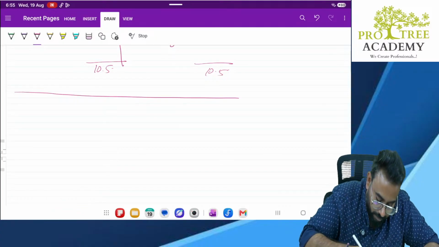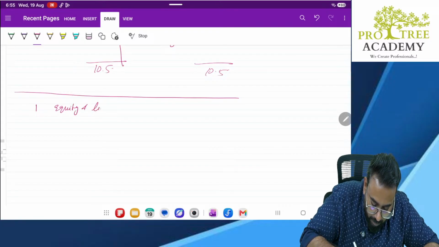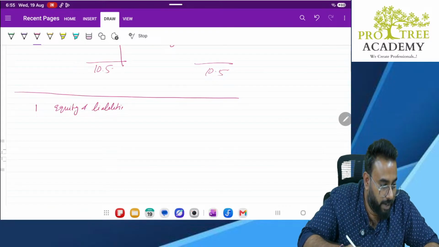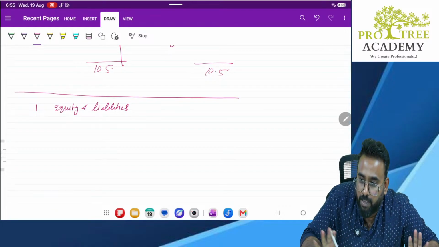Clear? Okay. So the first part, equity and liabilities. Under equity and liabilities, we don't have any information on share capital, so leave it.